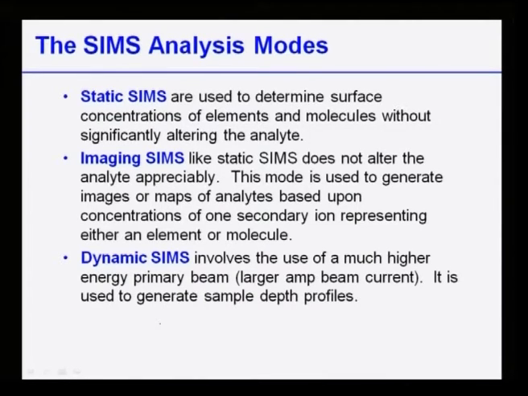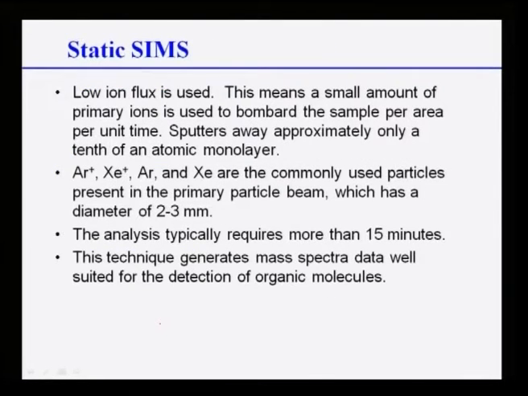This mode is used to generate images or maps based upon the concentration of secondary ions representing either an element or molecule. You can also have dynamic SIMS, involving much higher energy primary beams, but it is normally used to generate depth profiles, not 2-dimensional profiles. So along the depth you can measure the concentrations.